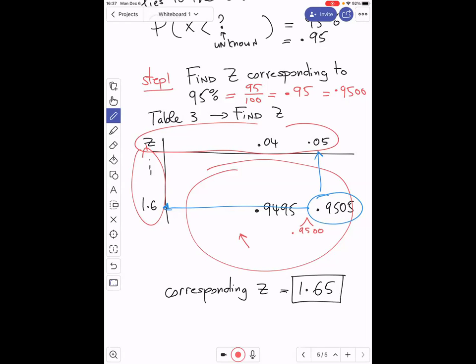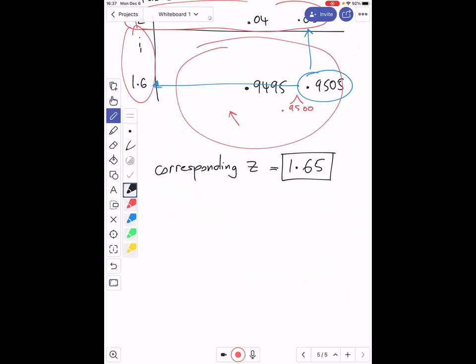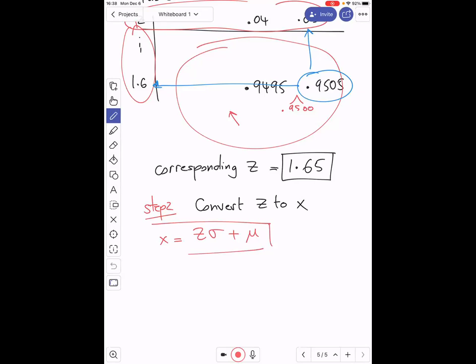So now, once you have the value of Z, step number 2, you can convert Z to X. Just to remind you, X is actually Z times sigma plus mu. You know Z, sigma and mu, so you can compute X.